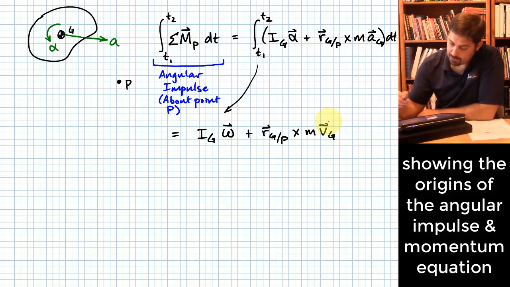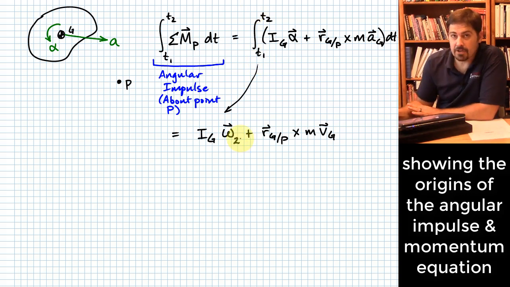Now I'm going to put subscripts on all of these. Because we're going to take the difference between one time and another, I'm going to say this is at the end of the time interval noted on that integral. And I'll do that for a bunch of these. This is where you end up with here, your final velocity, and so on and so forth.